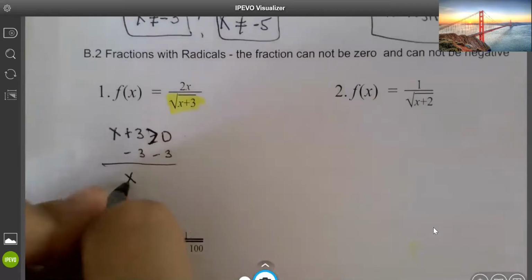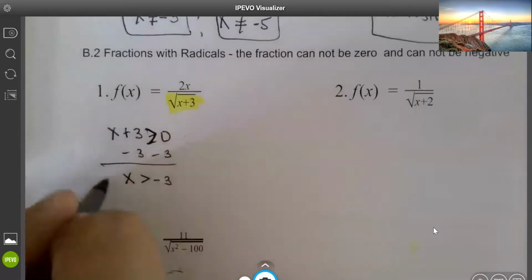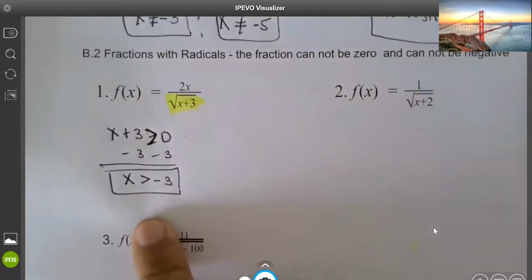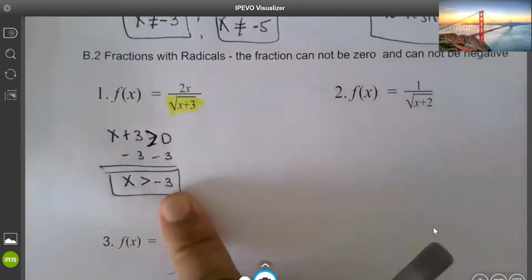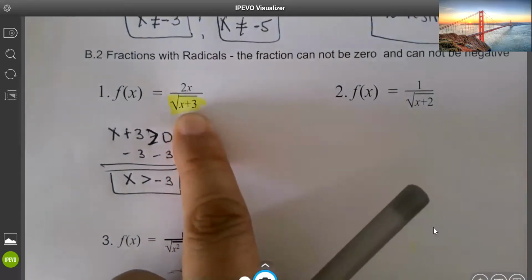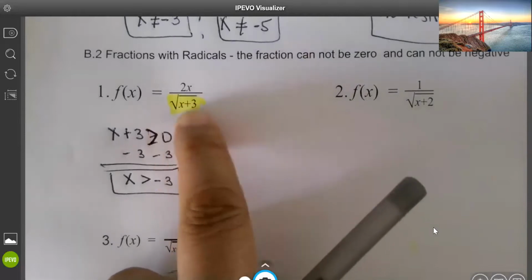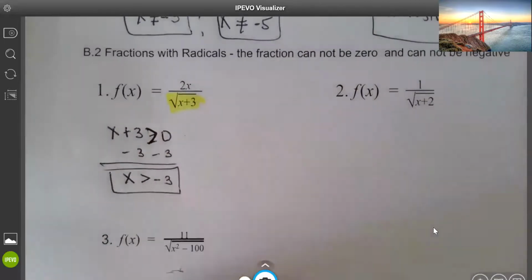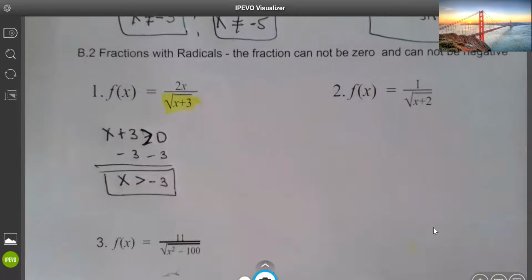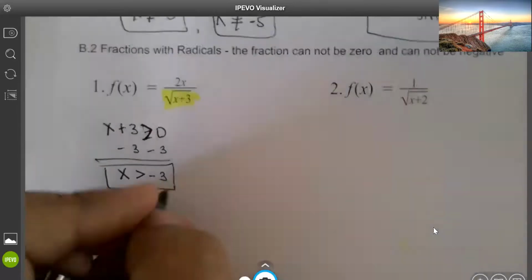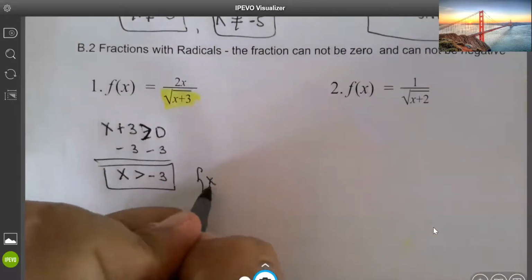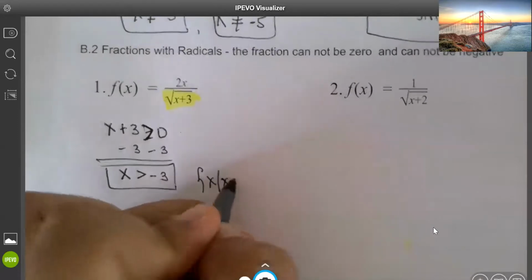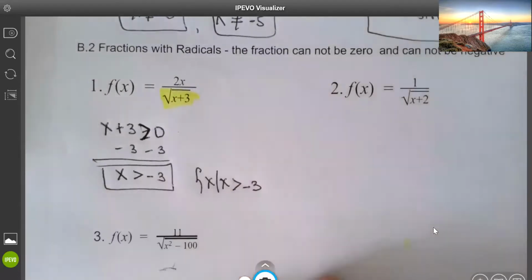So x is greater than negative 3. Okay? It cannot be negative 3 because negative 3 plus 3 is 0, and the denominator cannot be 0. It has to be greater than negative 3. Okay? So you can write this one as the set of all x such that x is greater than negative 3.